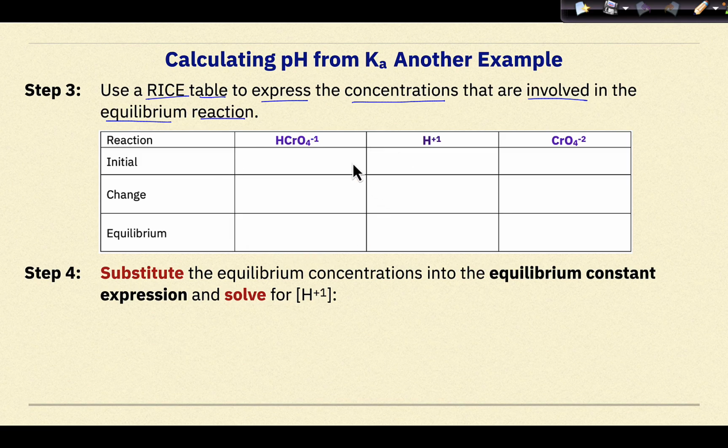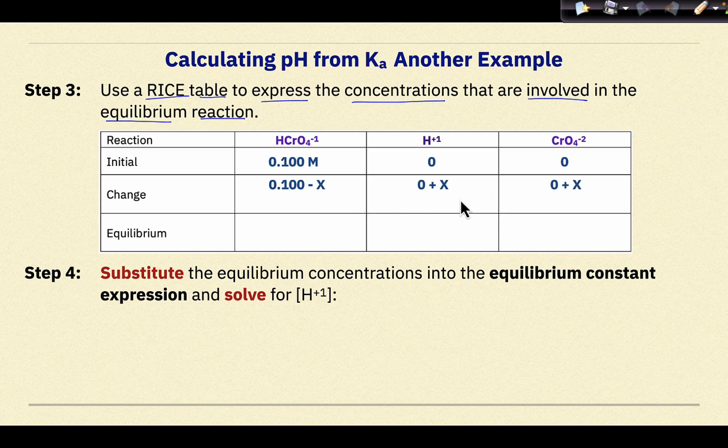Our initial concentration of the hydrogen chromate ion is 0.100 molar. Initially, we do not have any of the hydrogen ion or the chromate ion. We'll put in our change expressions: 0.100 minus x, and then plus x and plus x.